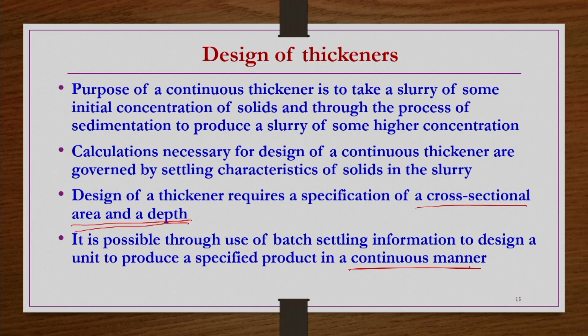Whatever the experimental batch sedimentation data, what we do in general is use a measuring jar, probably a 1 liter measuring jar. In that one you take a calcium carbonate slurry of certain concentration. Since it is a glass jar, you can clearly see the interface moving down. With respect to time, you note down how much the interface has decreased.